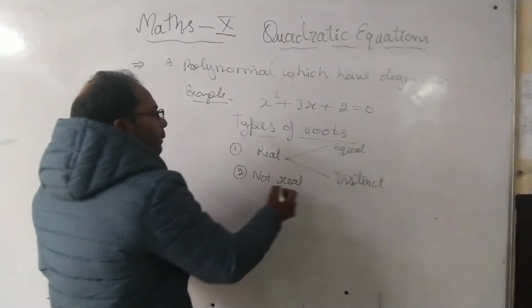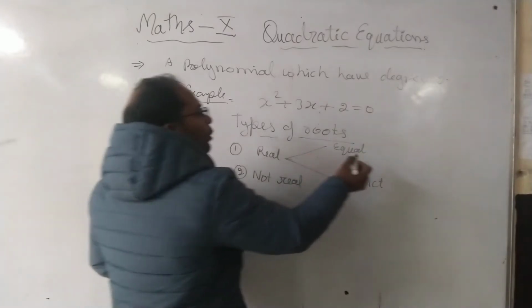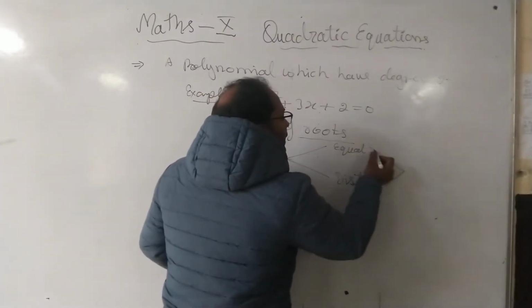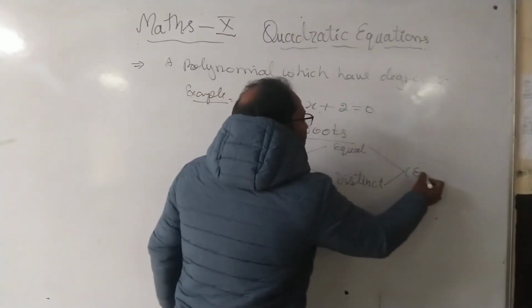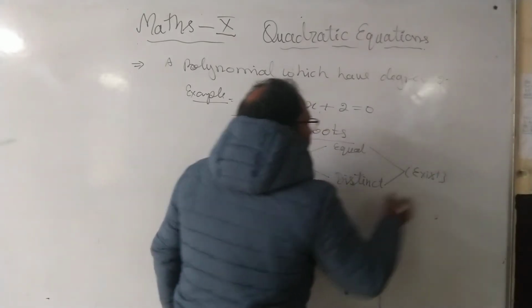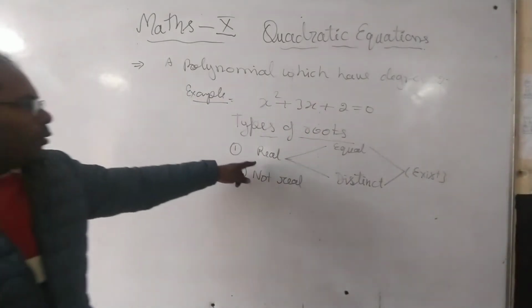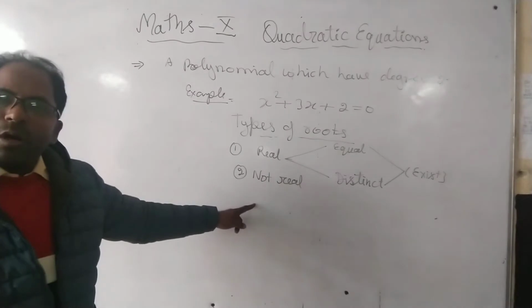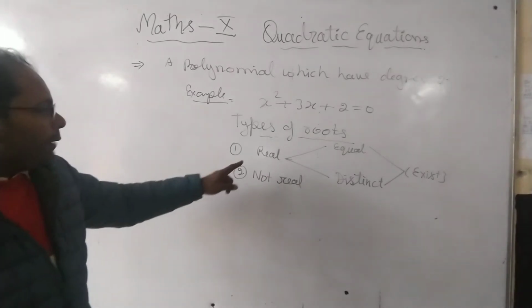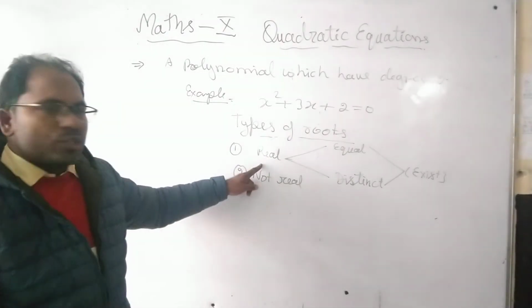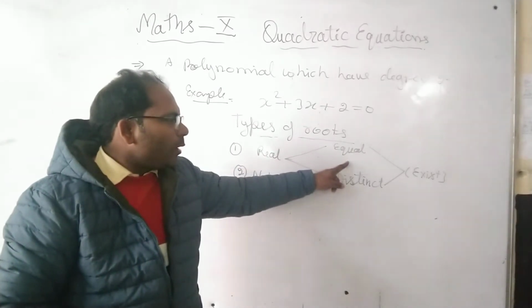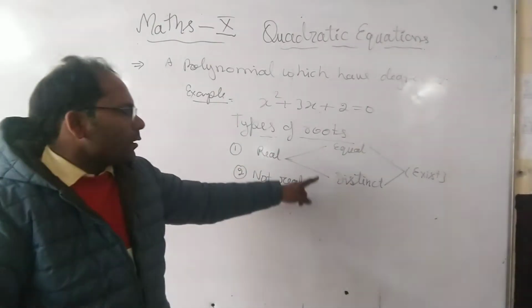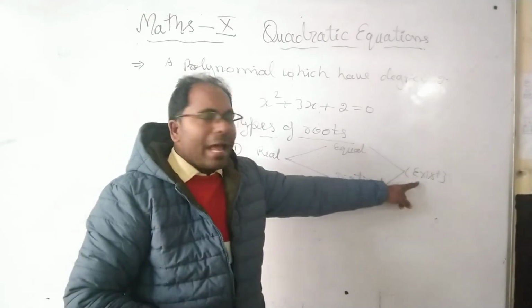Okay. But here, one more thing: if the roots are real, there will be two conditions. Maybe roots can be equal or distinct, but both types of roots will exist.